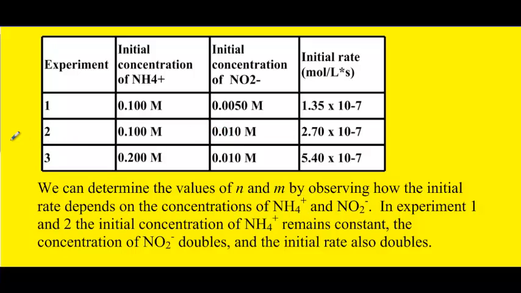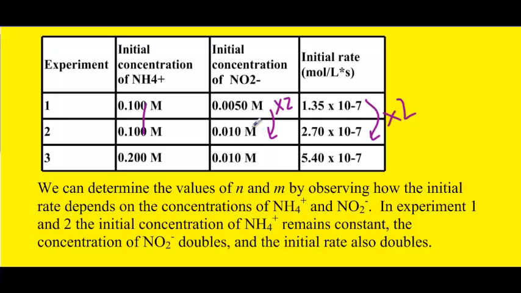So if you notice in comparing experiment 1 and experiment 2, the initial concentration of NH4 plus remains the same. The concentration of NO2 minus doubles. So this goes up by 2. And when that doubles, this also doubles.